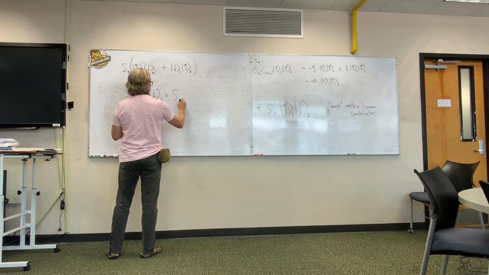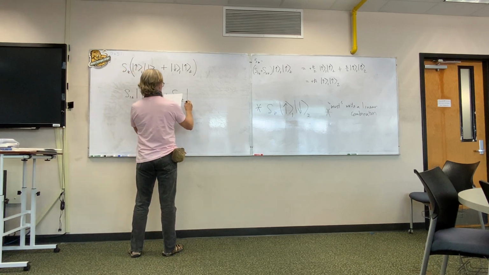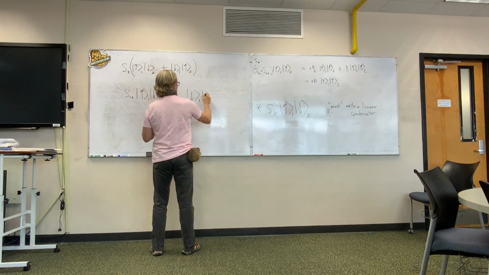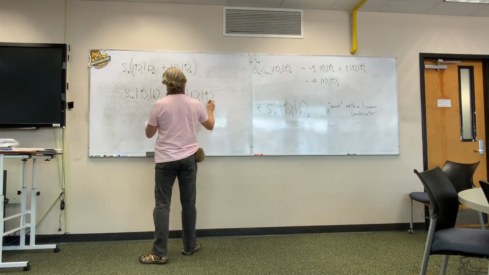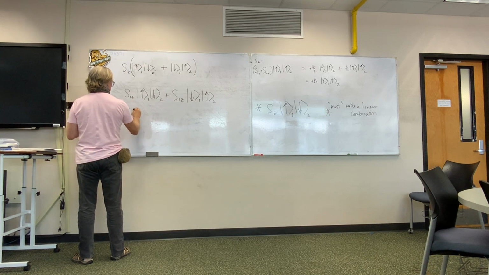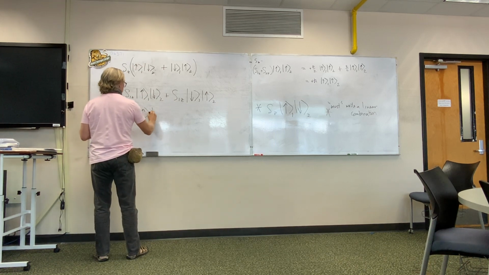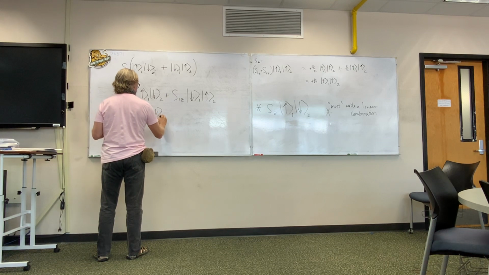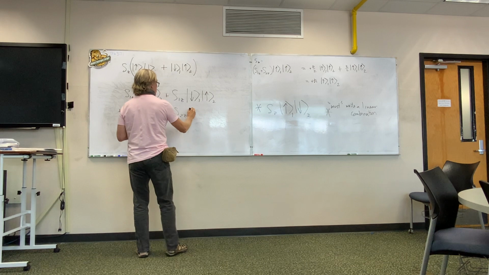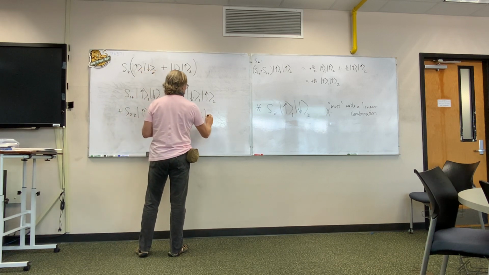I'll have S1Z onto down 1, up 2. I'll have an S2Z onto up 1, down 2. I'll have an S2Z onto down 1, up 2.